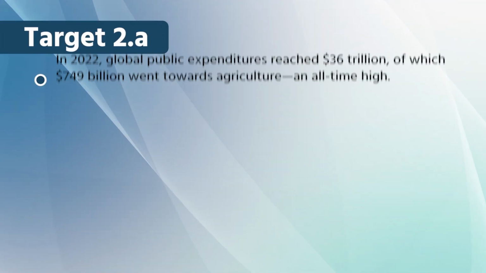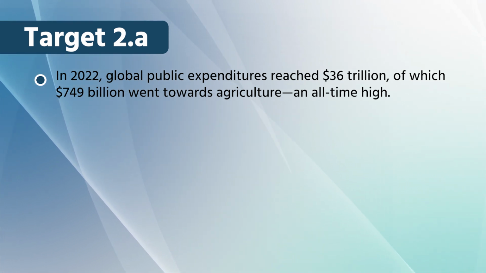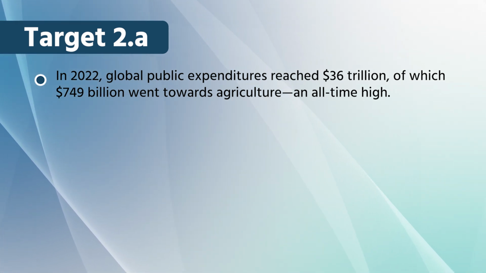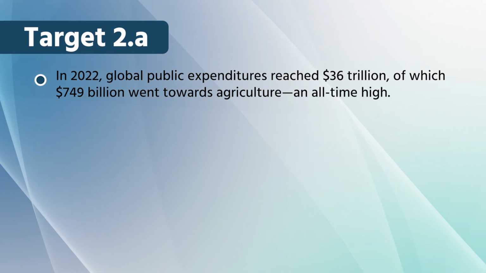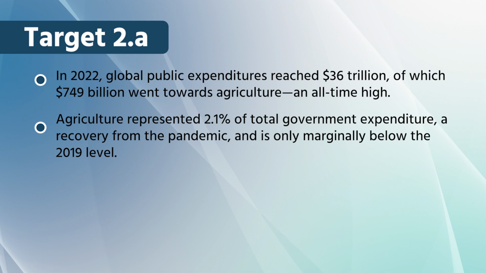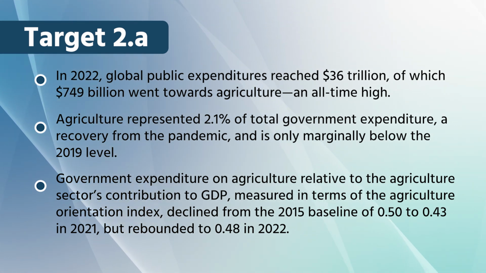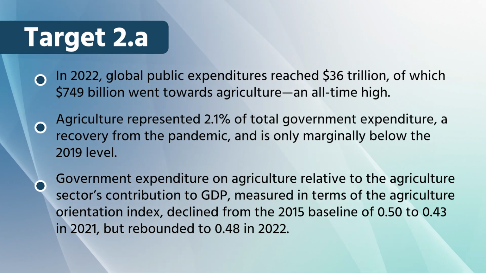Looking at 2A, global expenditure used to be $26 trillion, of which $749 billion went towards agriculture, an all-time high. But at the same time, what is important is the expenditure. When you look into the AOI, agricultural expenditure needs to be improved since it is below 1, right?